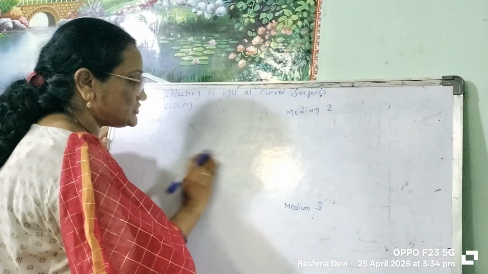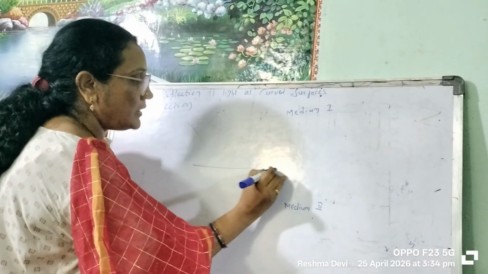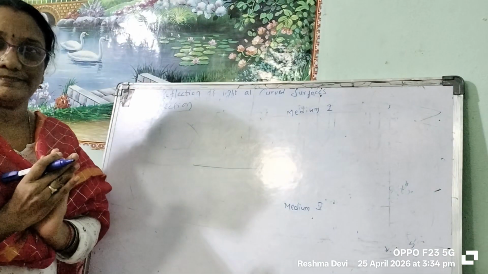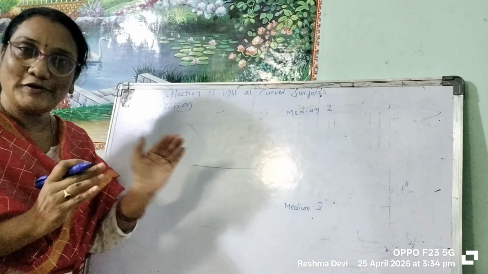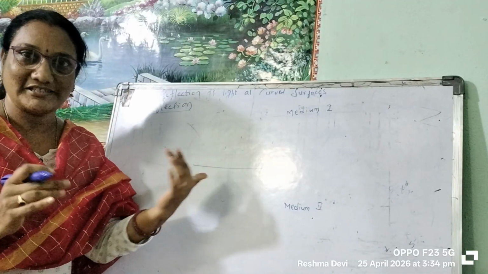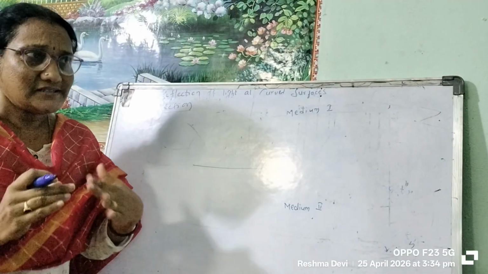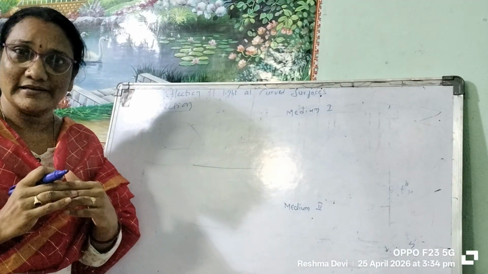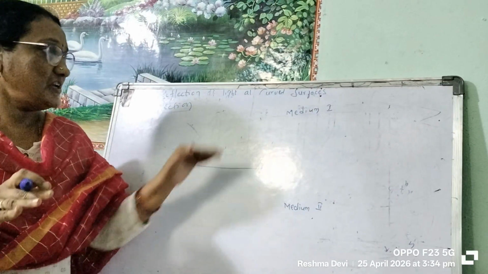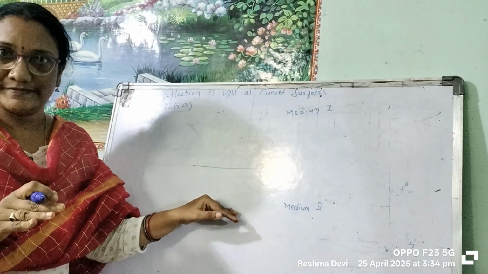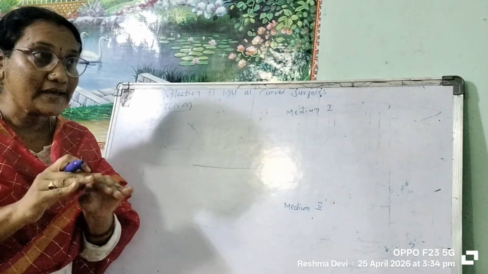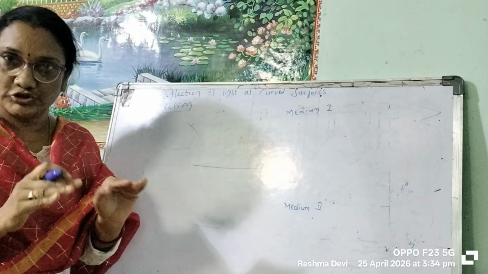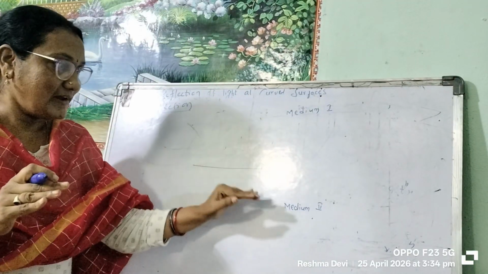In between these two, I'm drawing this straight line. I think you understood what this straight line says. This straight line is differentiating these two mediums, showing that this is air and this is water.